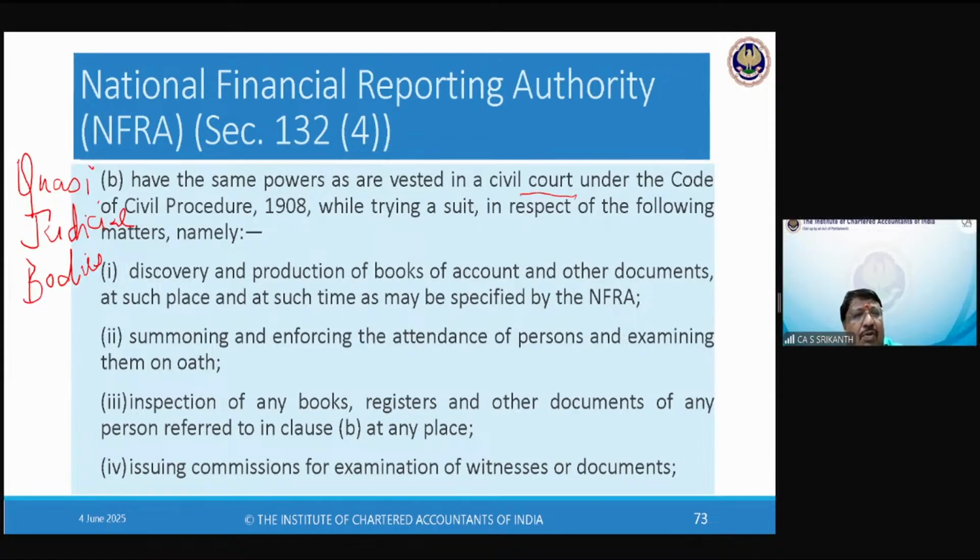That's why I called it CPC, Code of Civil Procedure 1908. CPC, CRPC, Criminal Procedure Code, Civil Procedure Code. Criminal procedure is where there is a crime, where something has been committed against society at large, like murder, theft, or any economic offense, smuggling, anything.